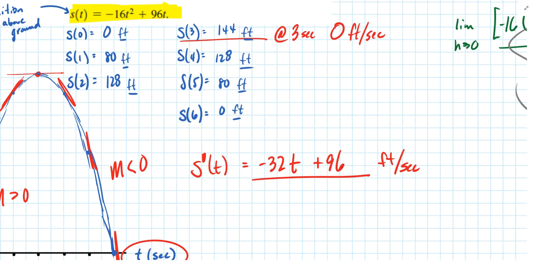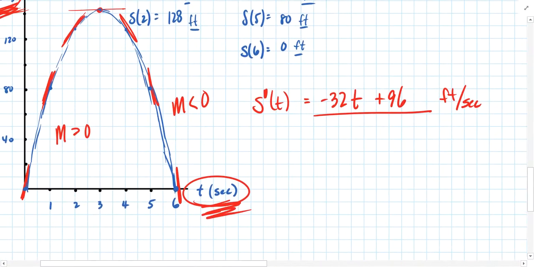So now that we have this rule, we can actually establish the speed at any position. Remember what I said a moment ago about at position 3? Well, if I didn't have a graph to look at and I evaluate the number 3 in the derivative function, we would need negative 32 times 3 plus 96.